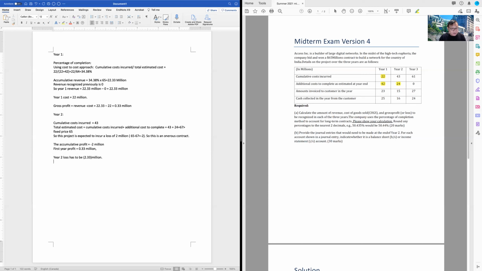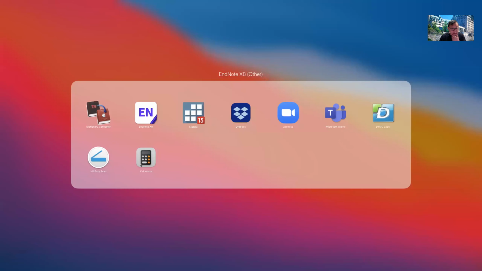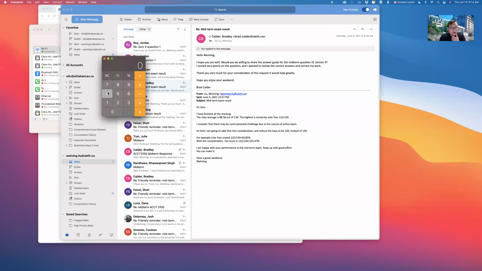Okay, so let's still calculate the percentage of completion. So that equals 43, the cumulative cost incurred, divided by total expected cost, 67. So that equals 43 divided by 67. 0.6418.